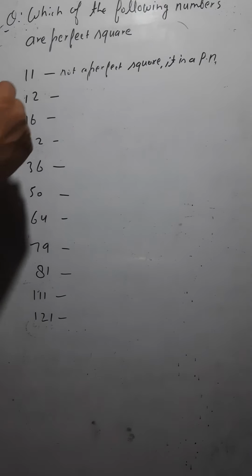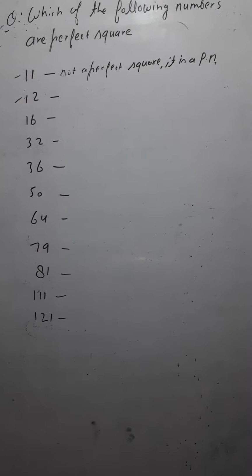Now similarly, if I'm asking you about 12, is 12 a perfect square? No. Let me tell you one thing, any number which is ending with 2 is not a perfect square. Remember this point.